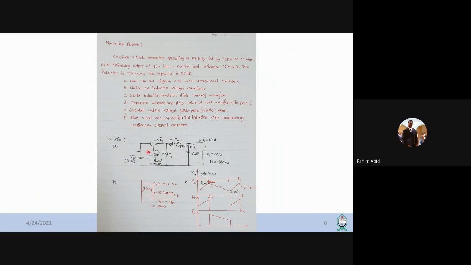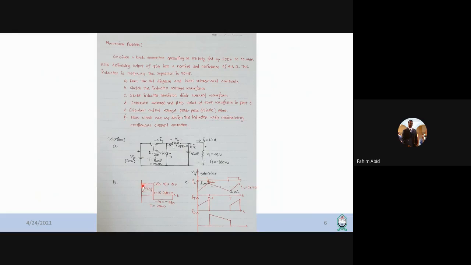So your D value should be output voltage divided by input voltage, which in this case is 0.24. If you multiply it by the time period, and the frequency of the cycle is 50 kilohertz, your time period is 20 microsecond. So your on time is 4.8 microsecond, and the off time is 20 minus 4.8 microsecond.